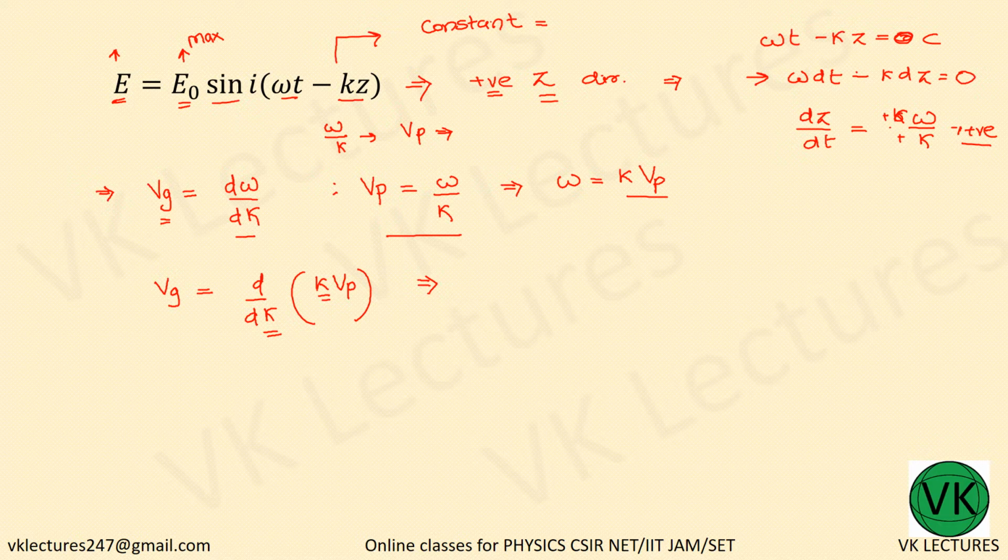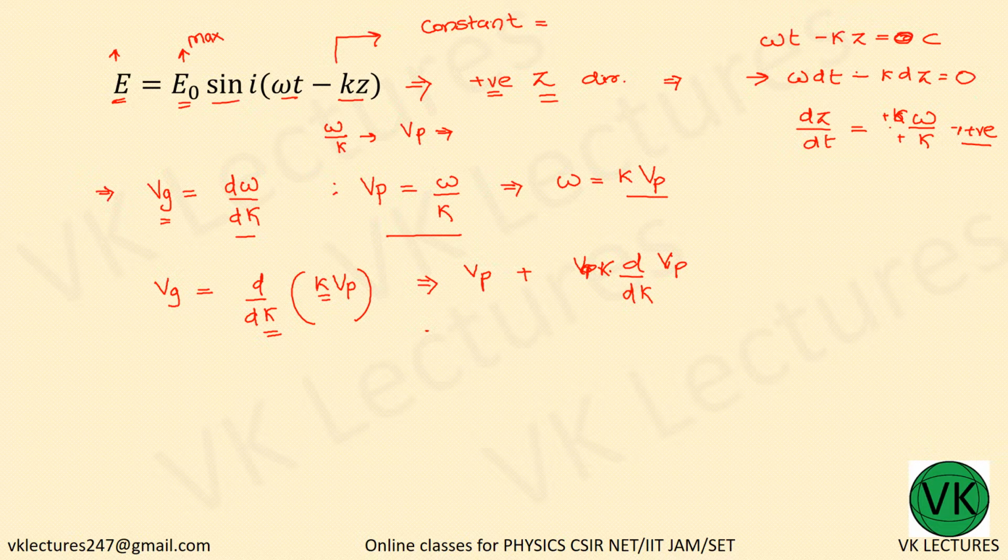That means k, so that will be equal to Vp plus k times d by dk of Vp.